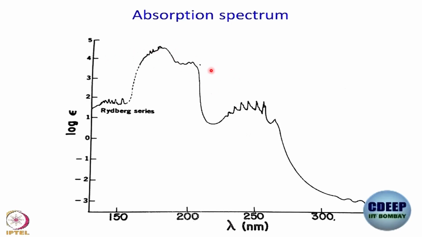This is fully allowed. Now these two, this peak and this peak, are not fully allowed. They are spin allowed but orbitally disallowed, so some vibronic coupling is required. And you can see there are even smaller peaks there. They are orbitally not allowed, and even spin not allowed, so that's why they are so weak.